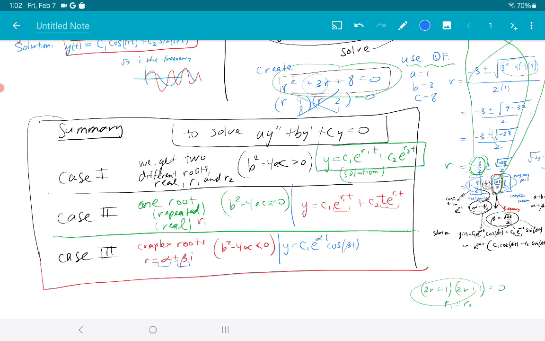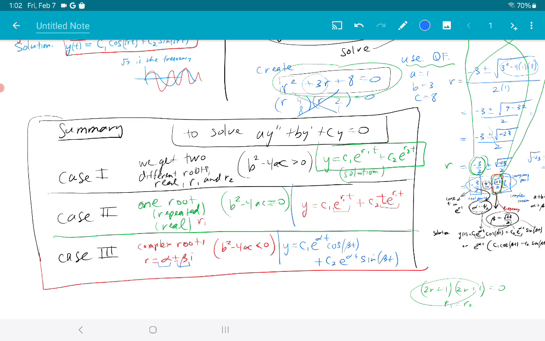It really doesn't matter whether you do cosine or sine first, just as long as you get them both, plus c2 e to the alpha t times sine of beta t. That's really what we did in the last problem.